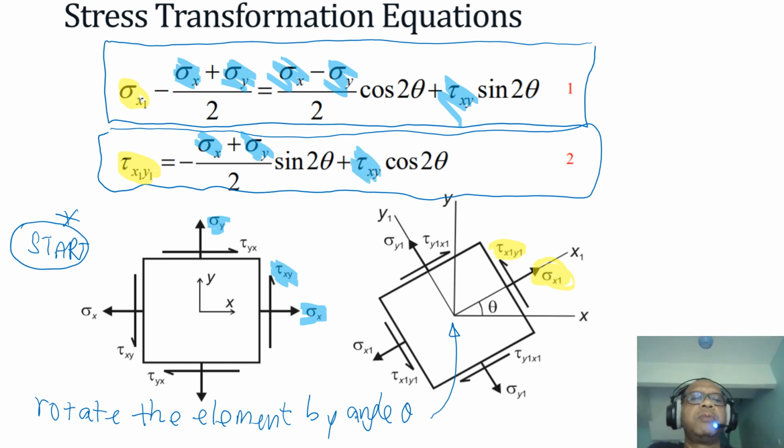The blue ones mean that you just follow where you get this value from. Okay, and tau is here. What about sigma y? Somebody may ask, what happened to sigma y1? So let's write it here. What happened to sigma y1?